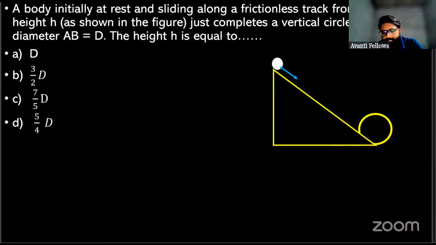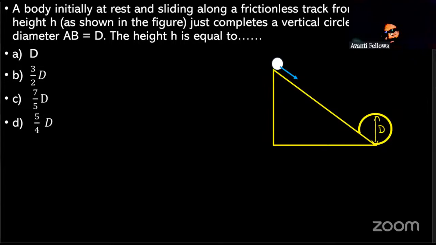Clear? Now, a body initially at rest and sliding along a frictionless track from a height h just completes a vertical circle of diameter AB equals to D. So this circle has a diameter capital D. Okay? The height h is equals to, what is the height that we require in this plank?